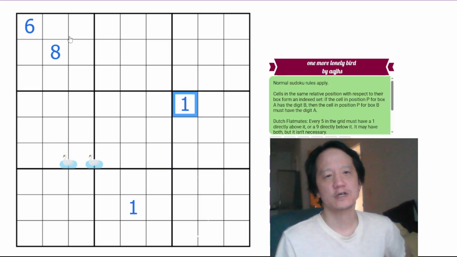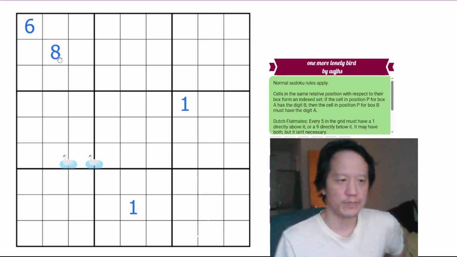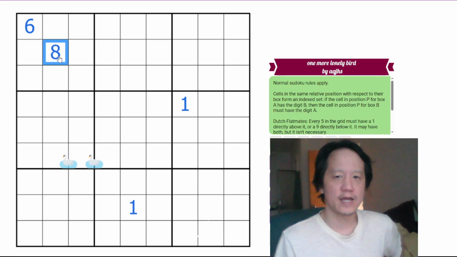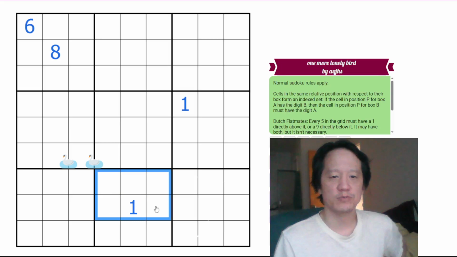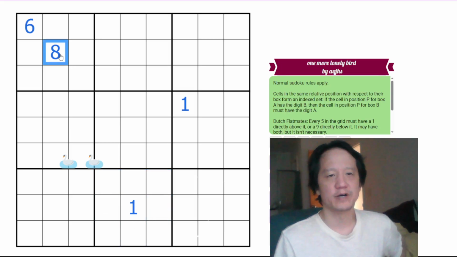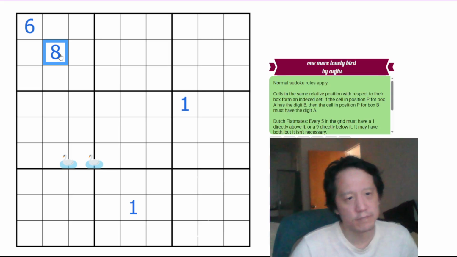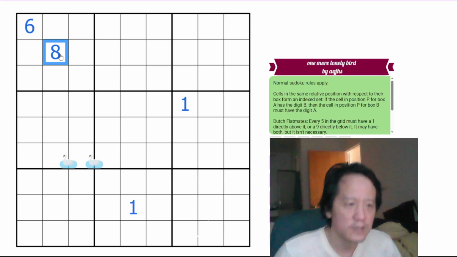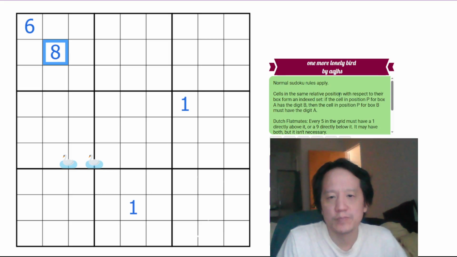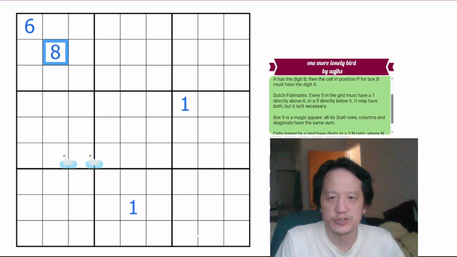Same here. If you have an 8 in this position in box 1, that means in box 8 you must have a 1 in that position. Okay, that's interesting. I've never run into that rule set, so this is a very interesting new rule set.